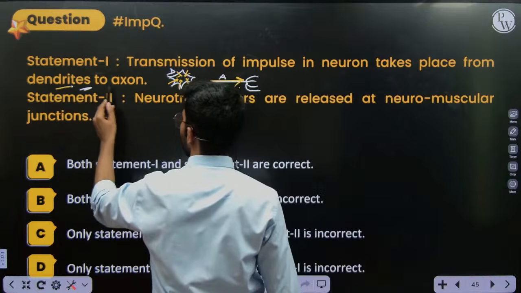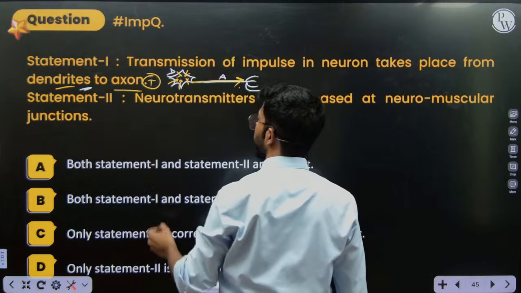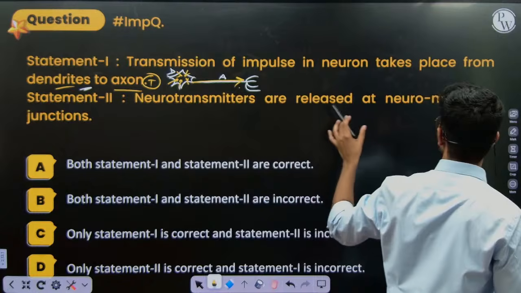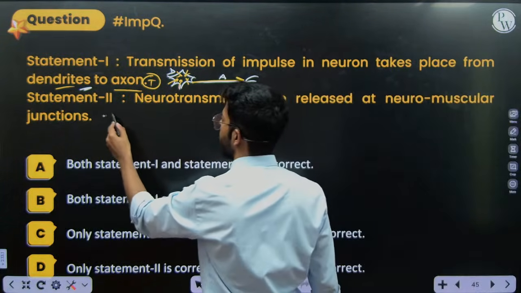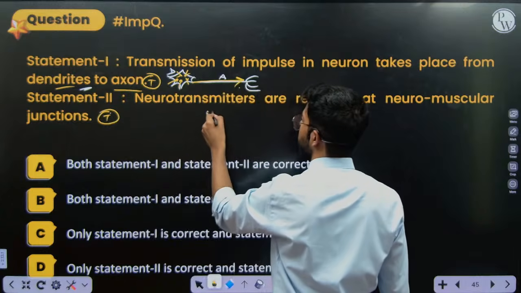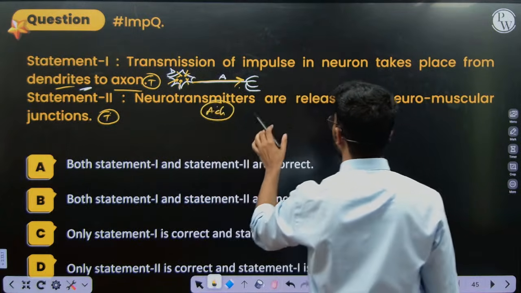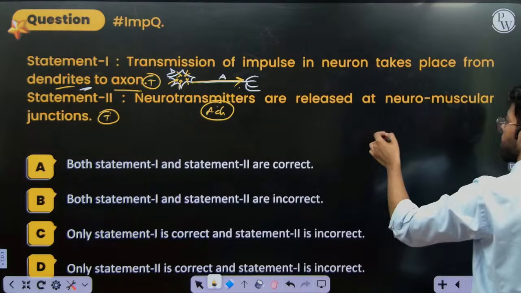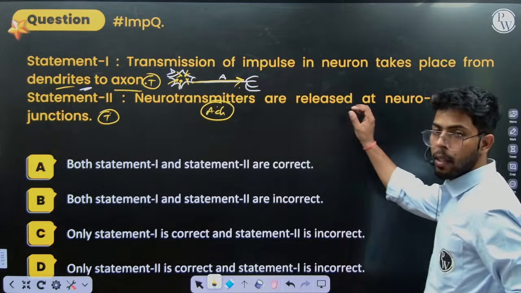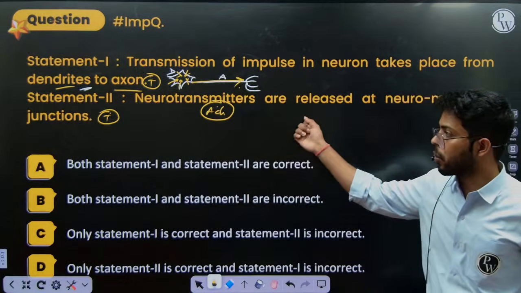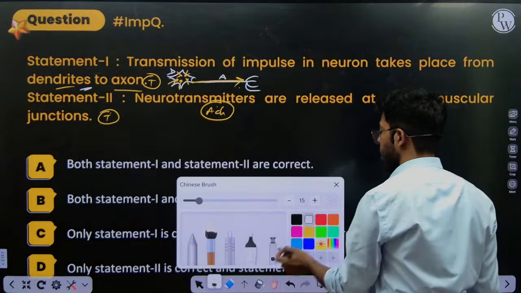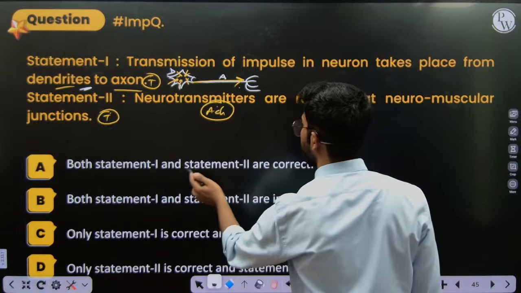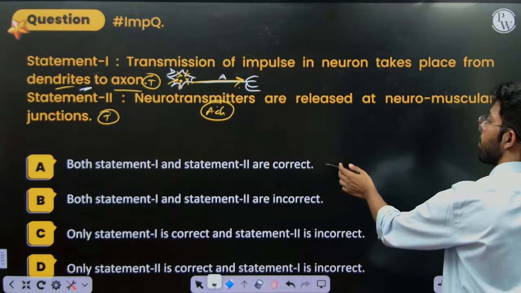So dendrites to axon, this is true. Now, neurotransmitters are released at neuromuscular junctions. This is also true. For example, acetylcholine is released at the neuromuscular junction, as you have studied in the locomotion and movement chapter also. So the correct answer is both statements are correct.